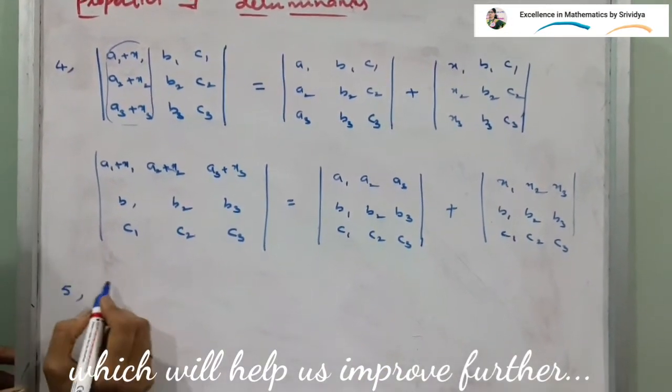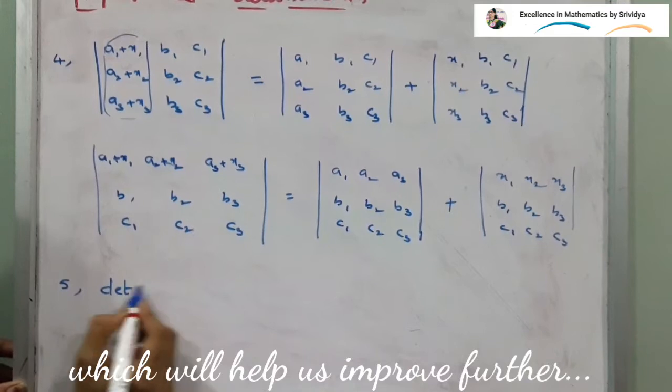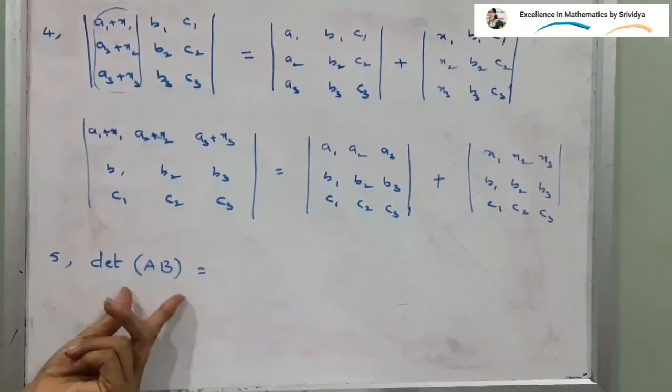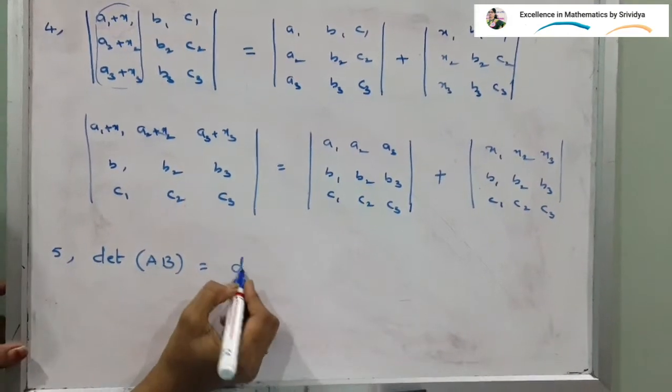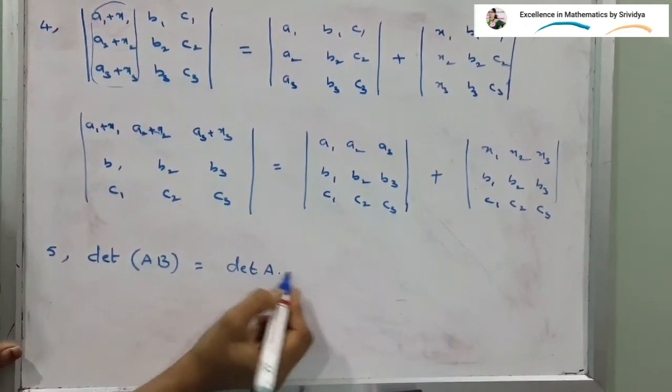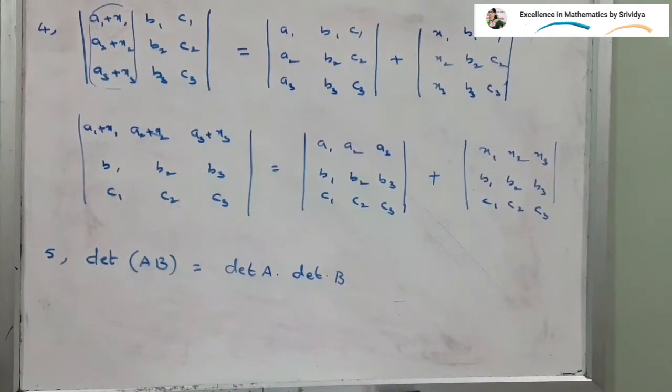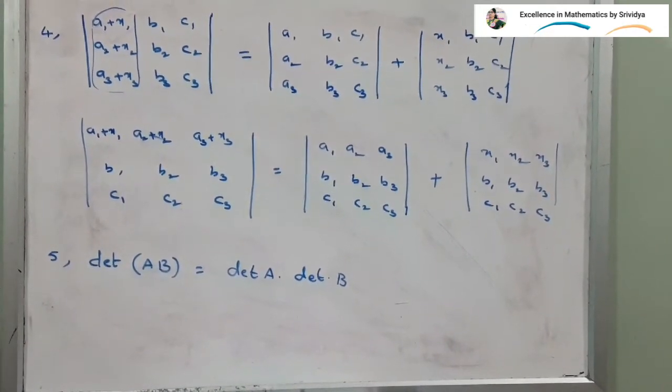Now the fifth property is the determinant of A into B, that means the product of two matrices, which is equal to the determinant of A into the determinant of B.